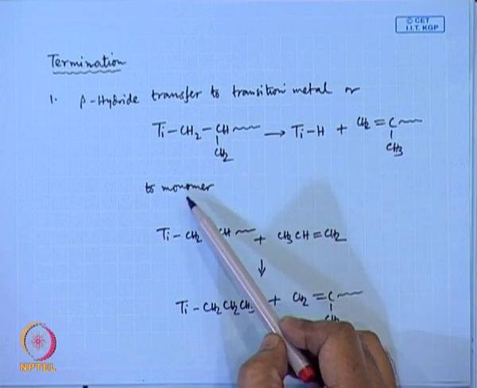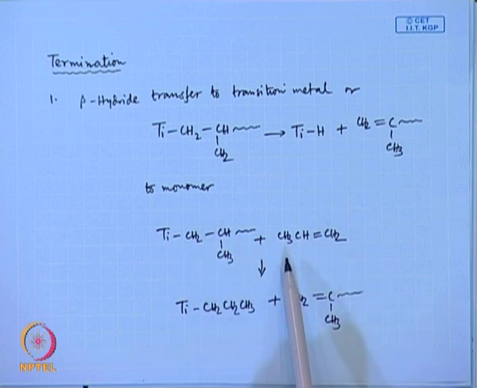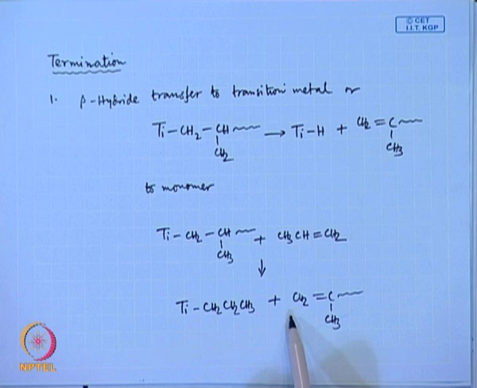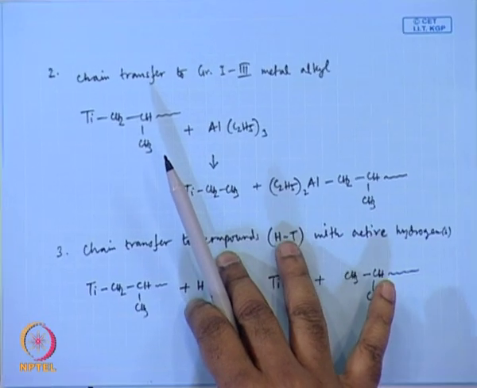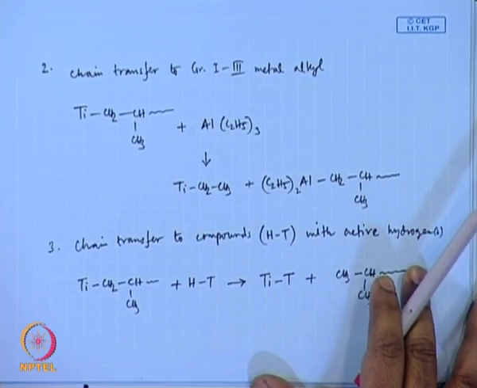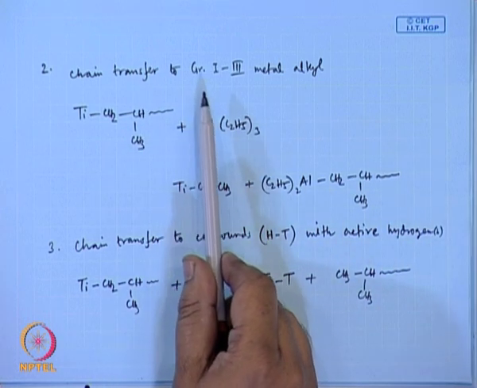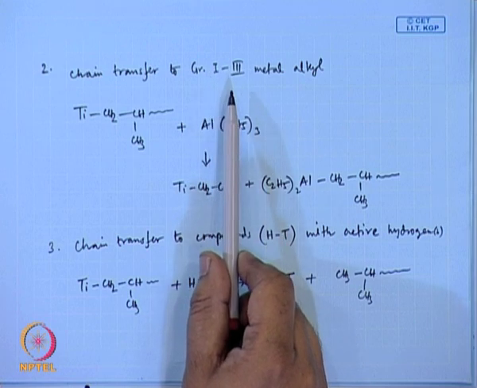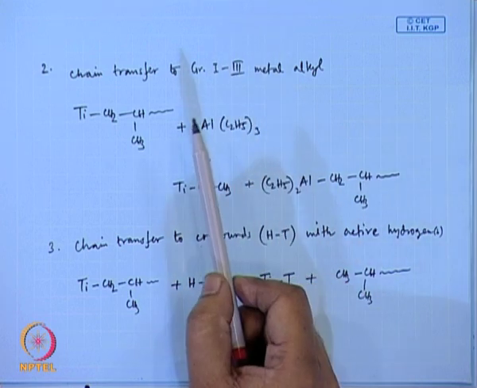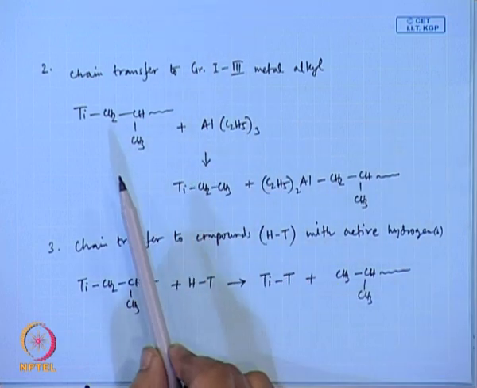It can also get transferred to a monomer, forming this combination. Another way Ziegler-Natta polymers get terminated is by chain transfer to a group 1 to 3 metal alkyl, like the aluminum alkyl we just discussed.